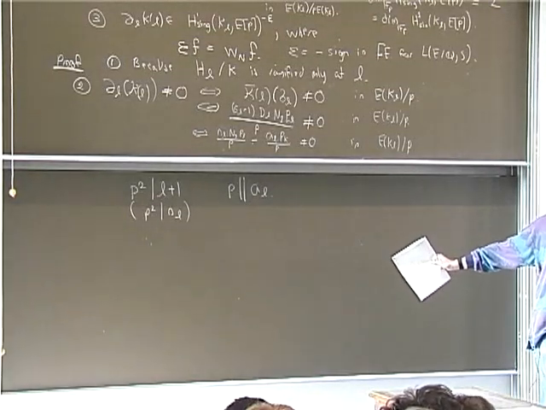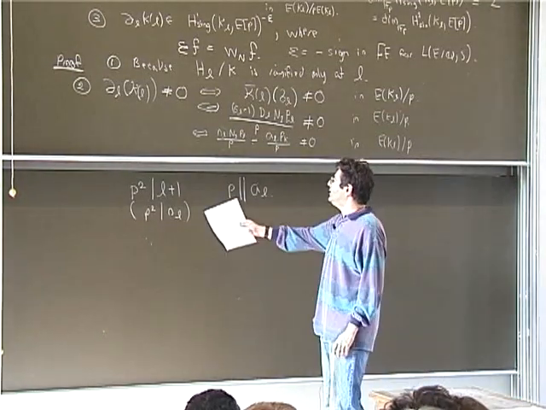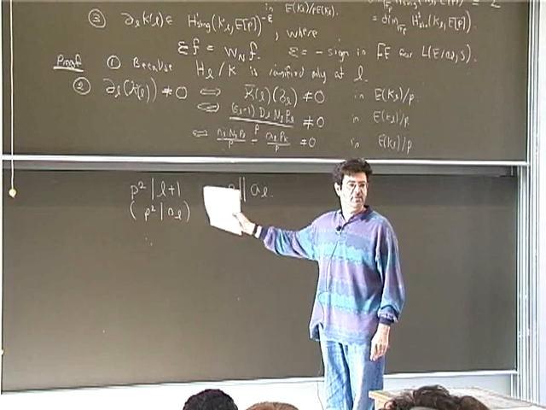Now, the same kind of Chebyshev argument that I outlined last time, though I was very sketchy on it, allows you to impose these more precise congruences.